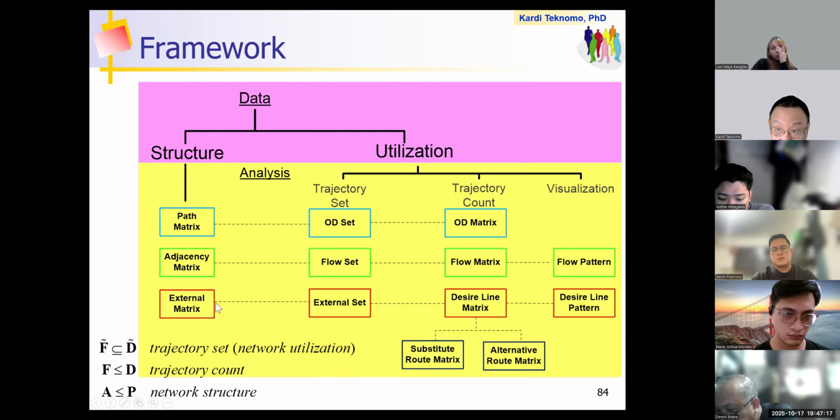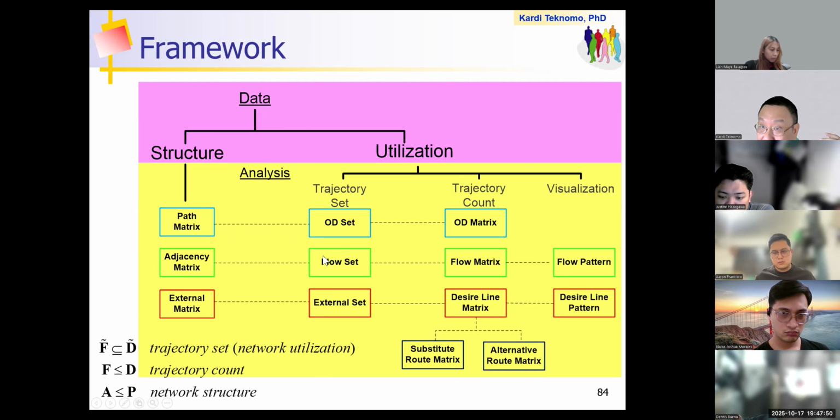Now, the external matrix, okay, you will have the external set, and from there, you will get L, the desired length, which consists of the substitute and alternative route, T and S a while ago. So there is a parallel, an interesting pattern, between the path and OD. There is a parallel pattern between the adjacency and flow set and so on.